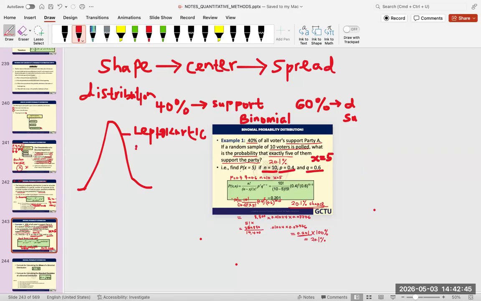We also found mesokurtic, and then platykurtic. That was the shape of the frequency distribution. After that, we found the center, and we called it the arithmetic mean.